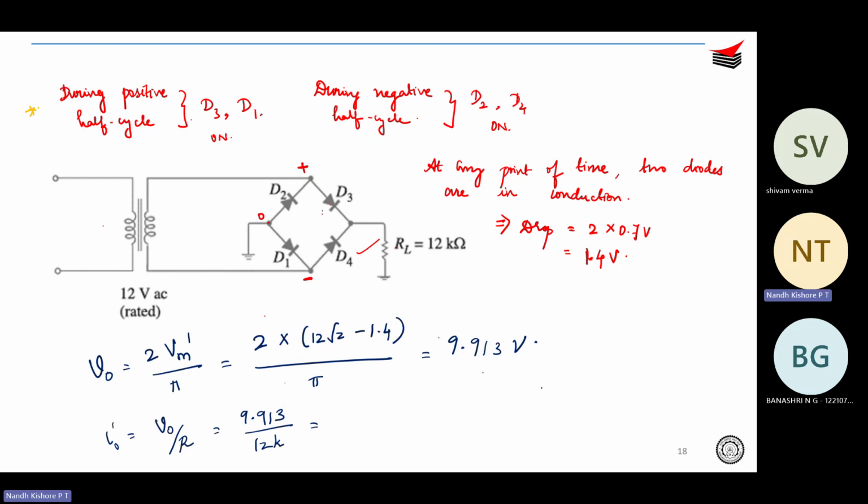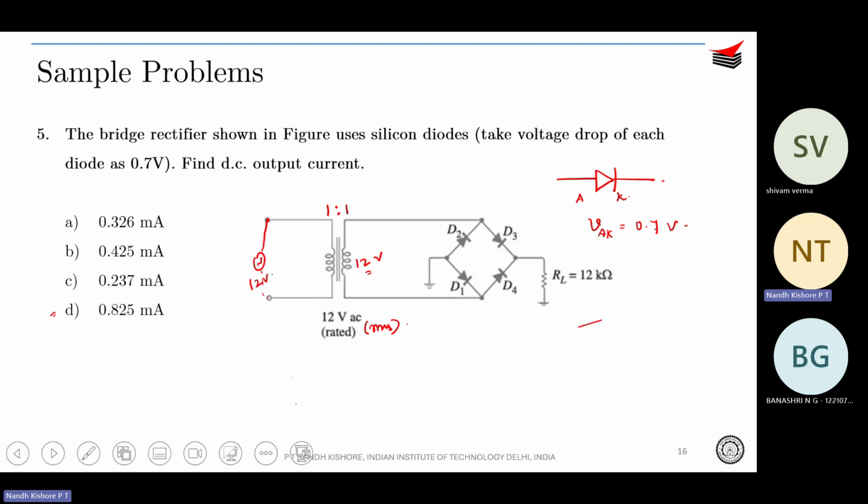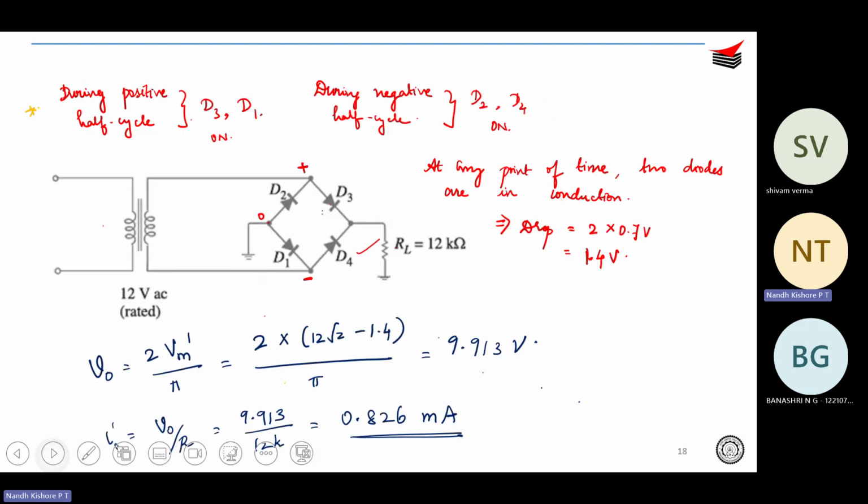So I am getting 0.826 milliampere because it's a 12 kilo ohm. So 0.826 milliampere, which I think matches, right? 0.825 milliampere. Did you get it? Once you account for the drop, then you calculate the average value. 2 Vm by pi now becomes 2 Vm dash by pi, where your Vm dash has to account for the drop.